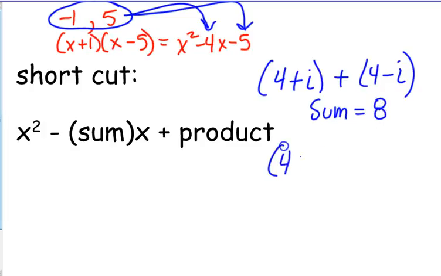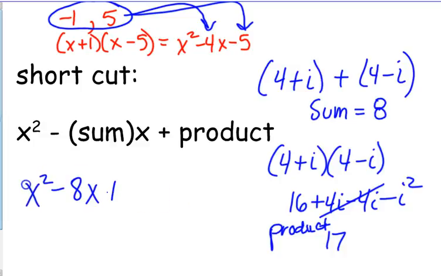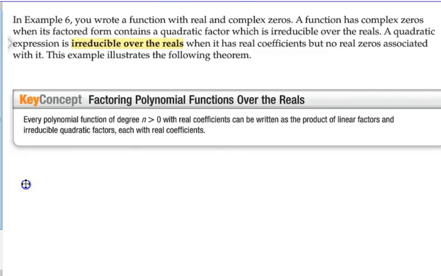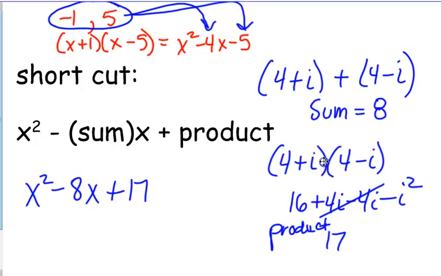I need to do the product, so then I do have to FOIL this together. 16 plus 4i minus 4i minus i squared becomes what? 17. 16 minus i squared would be 17? Okay, so that was the product. So we would write x squared minus the sum times x plus the product. Is that what we got a minute ago when we did this the long way? Did you write it down somewhere?